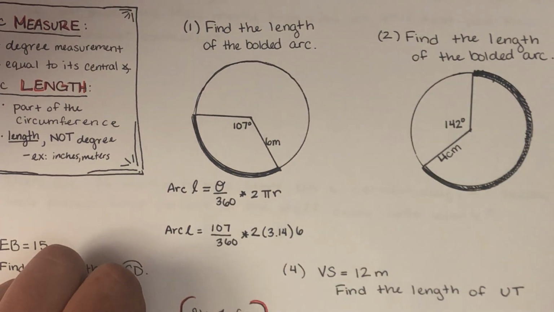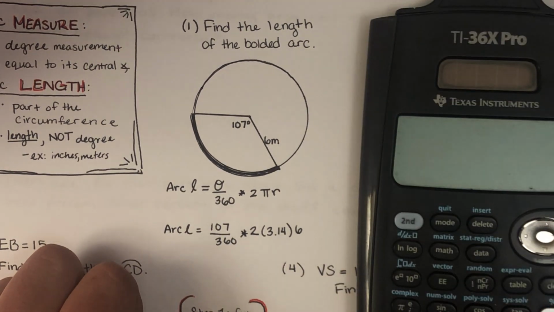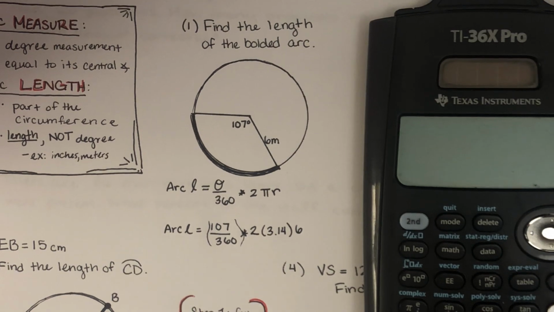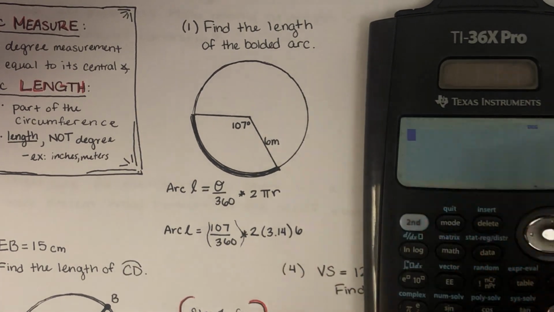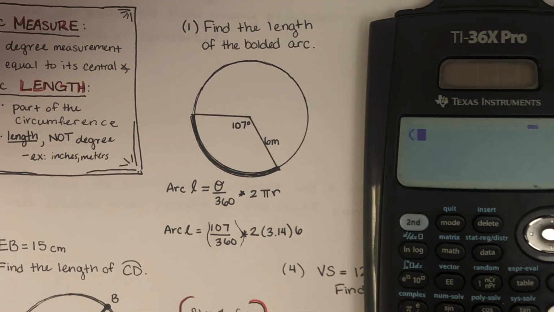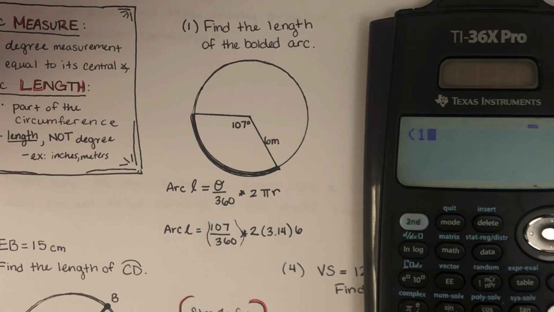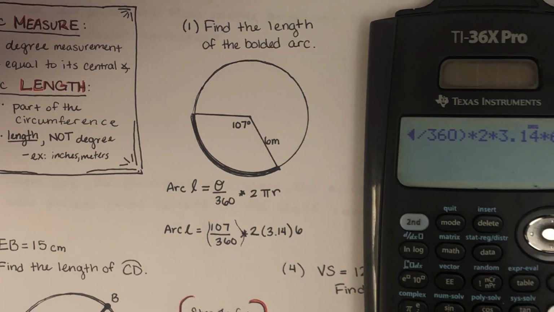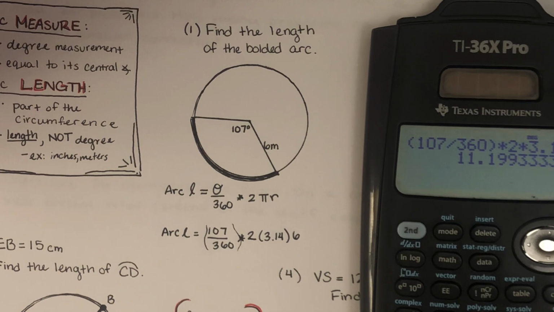All right, when I'm plugging this in the calculator, I do want to make sure I put this in parentheses. Always use parentheses just to be safe. So parentheses, 107 divided by 360 times 2 times 3.14 times my radius, which was 6, and I get 11.19.